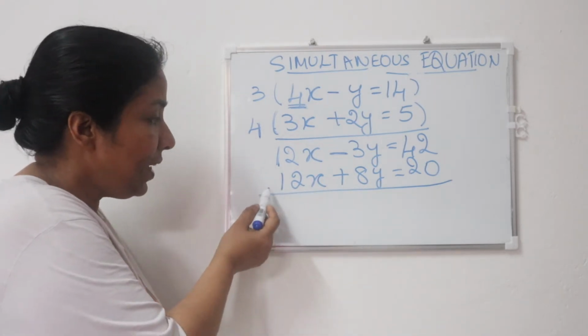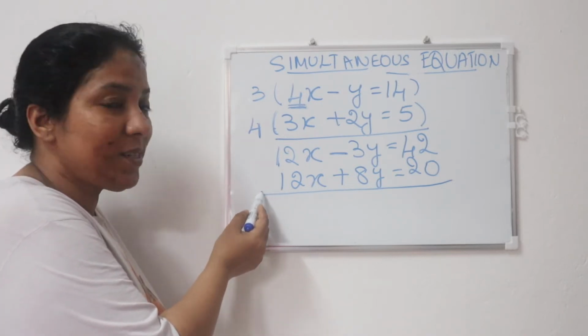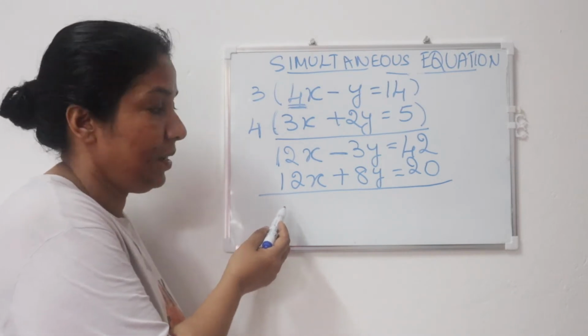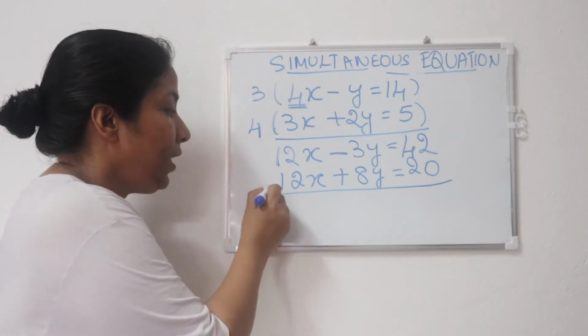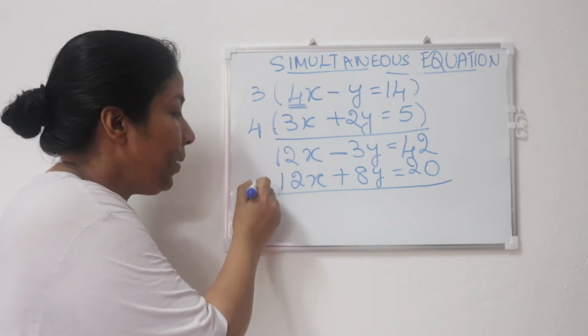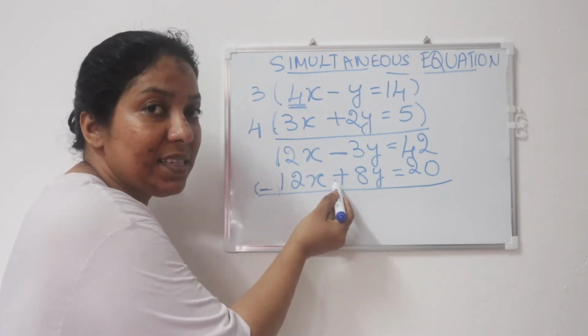Now students, consider this one. What is the sign of 12x? No sign is given. No sign means it is considered as plus. So this plus 12x, when you change the sign, because subtraction means changing the sign, will become negative. Again check here, it is plus 8y.